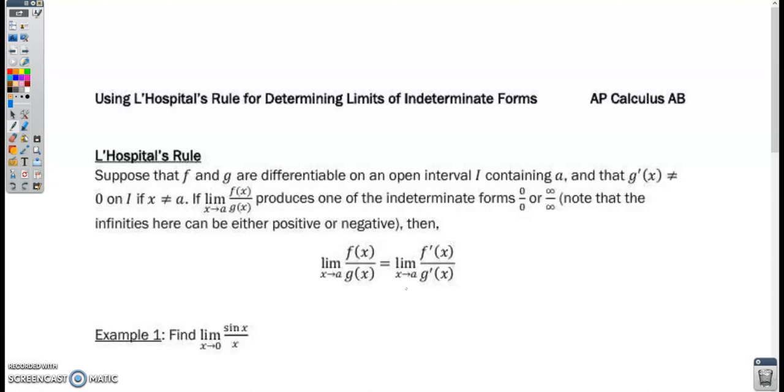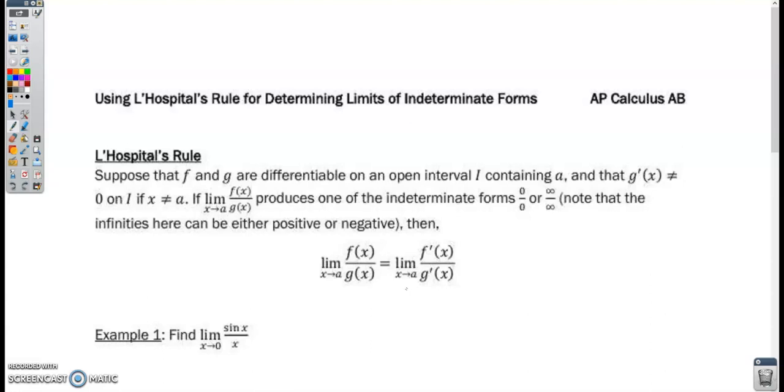So basically what this tells us is that if I'm taking the limit as x approaches a of some rational function or fractional function where both f of x and g of x approach 0 or approach an infinite value, okay? They both approach 0 or they both approach an infinite value. Not one approaches 0 and the other approaches an infinite value.